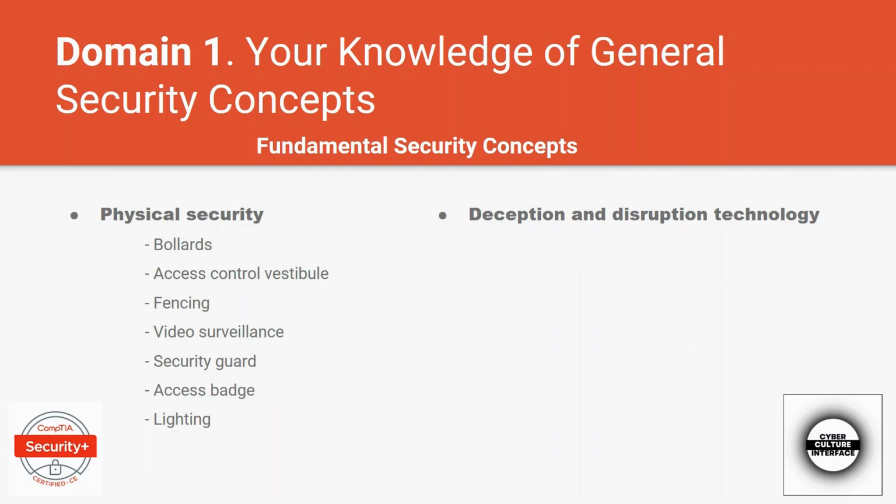Under fundamental security concepts, we also have deception and disruption technology. These are technologies implemented as a security means. We have what we call honeypot, honeynet, honeyfile, honeytoken. A honeypot is like a sacrificial system that is set up with the intention of attracting hackers, or anyone trying to gain unauthorized access to your devices. So it's like a decoy.